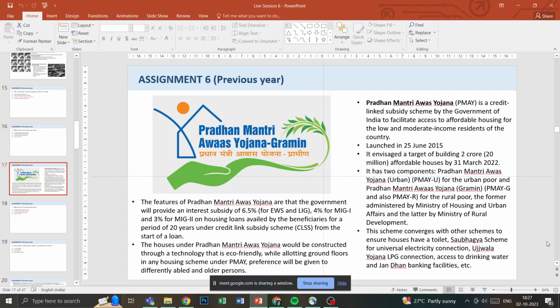This scheme converges with other schemes to ensure houses have a toilet, Saubhagya scheme for universal electricity connection, Ujjwala Yojana LPG connection, access to drinking water, and Jan Dhan banking facilities. So this scheme ensures that people have all these schemes available to them along with Pradhan Mantri Awas Yojana.